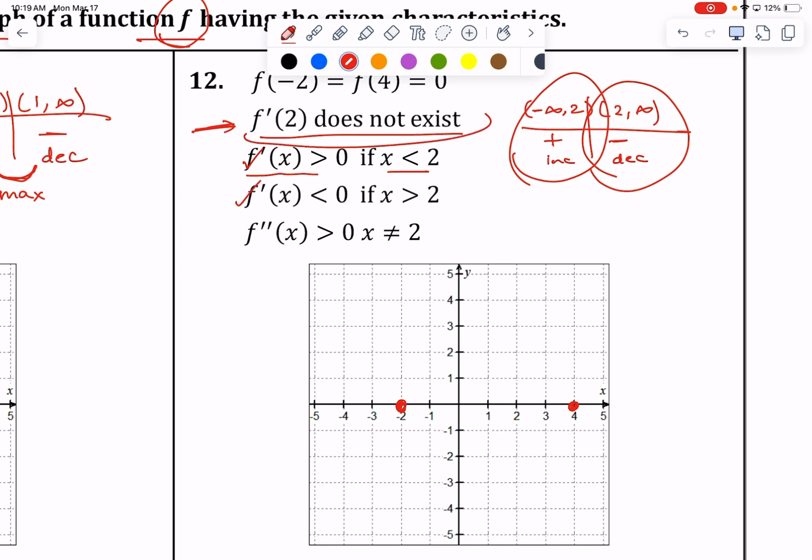So I'm going to take that off the table now. I also know that the derivative does not exist at 2, so there's some kind of discontinuity at 2 because of something that happened in the original function. What would have happened in the original function to cause that? Either a discontinuity or a point of non-differentiability: corner, cusp, vertical tangency. Okay? Now, this is the next part. This is key. It is concave up everywhere, but at 2. So what it means is at 2, there's no concavity.